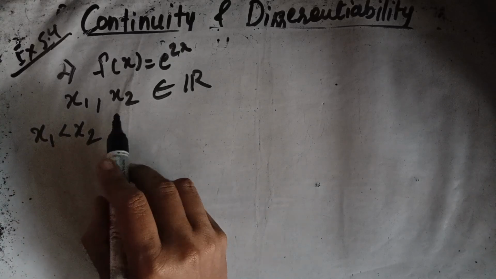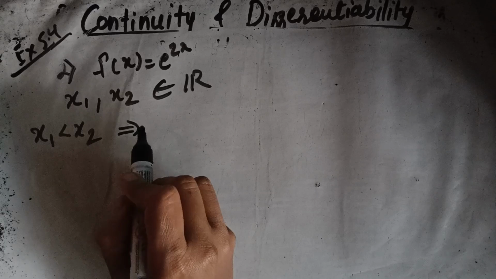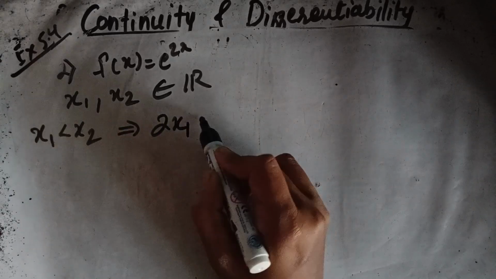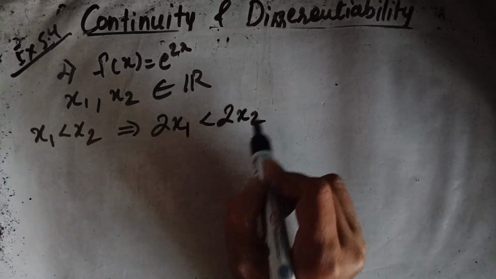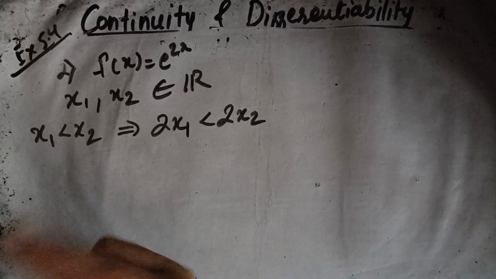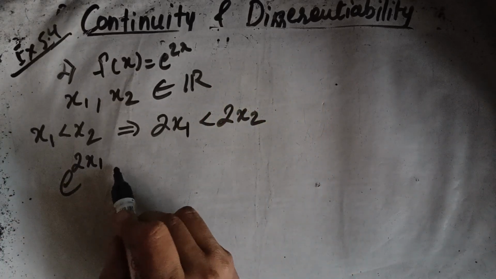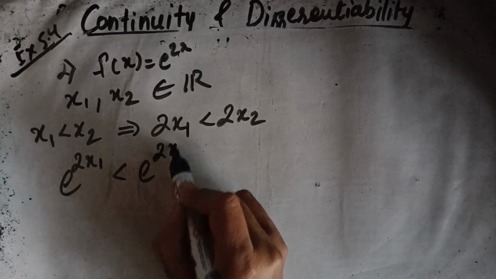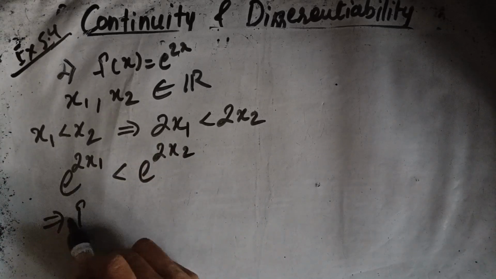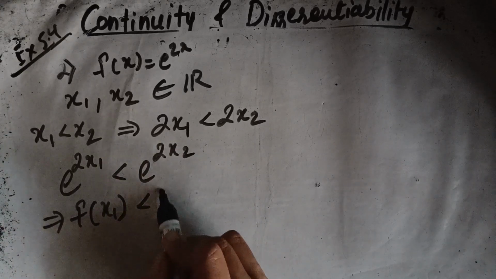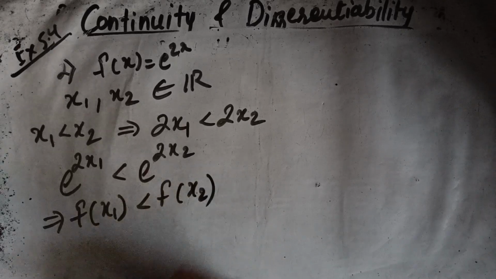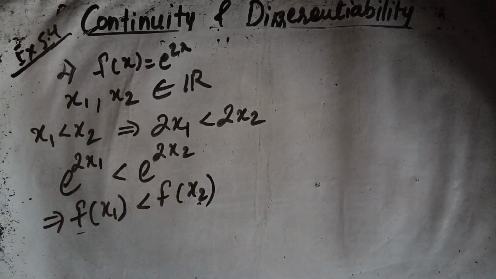This implies that 2x1 is less than 2x2, correct? So taking the exponential, that is e raised to 2x1 will be less than e raised to 2x2. So we have shown that f of x1 is less than f of x2. So this is increasing. Okay.